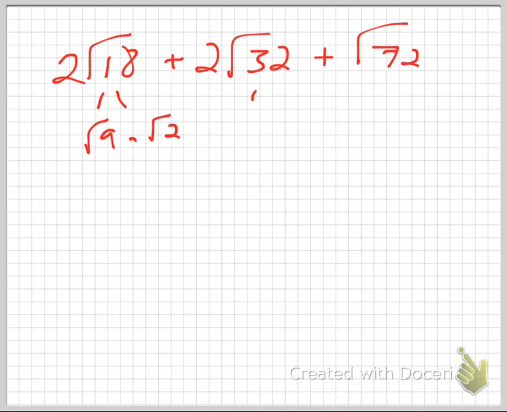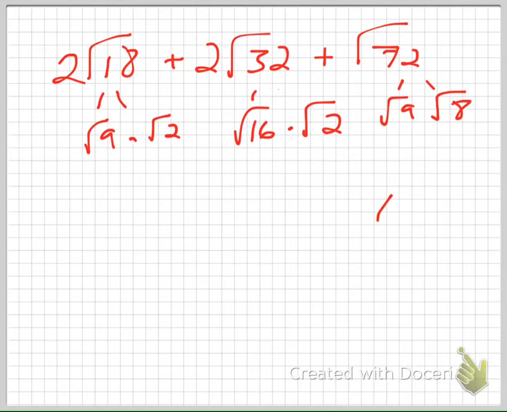And then this one here is square root of 16 times the square root of 2, right? And then this would be the square root of 9 times the square root of 8, which is the square root of 4 times the square root of 2. Now let's look at this. Do you agree that all I've done is I've taken the square roots and I've pulled them down, right?